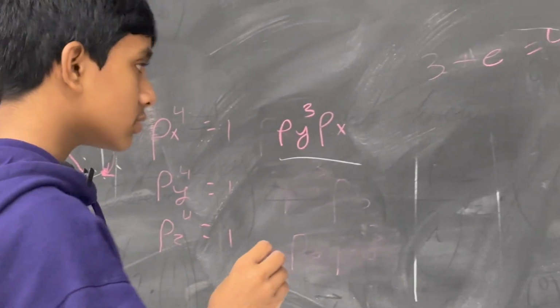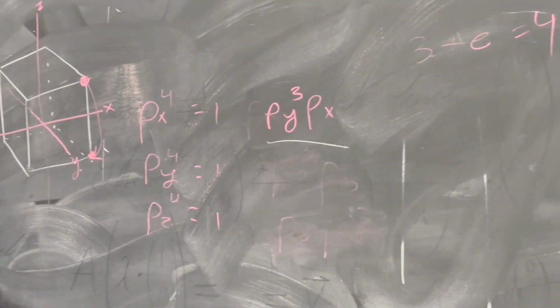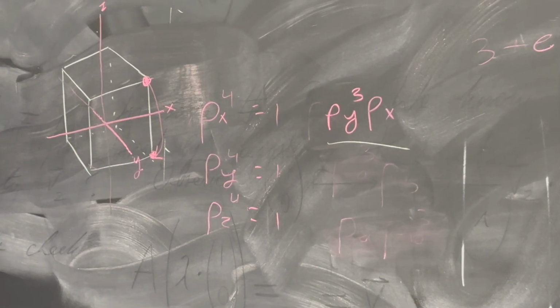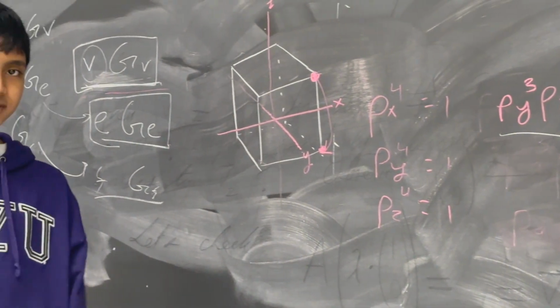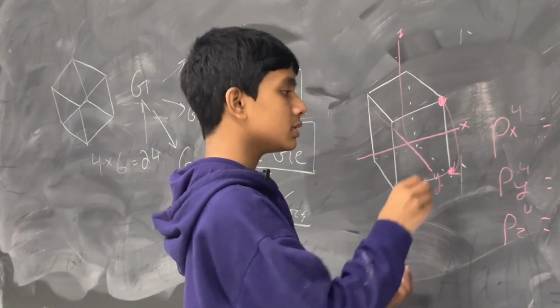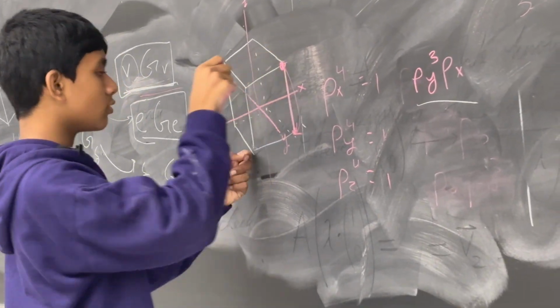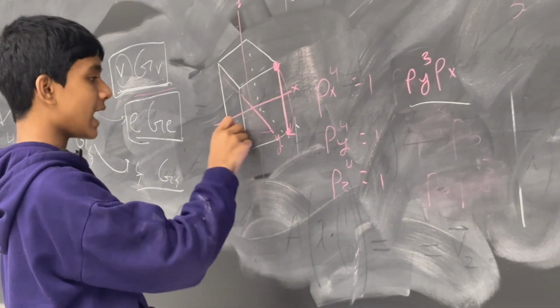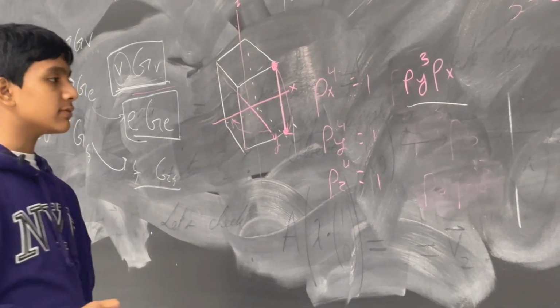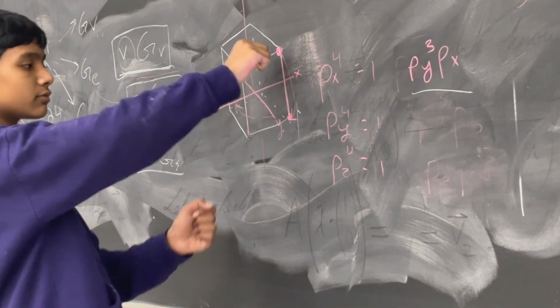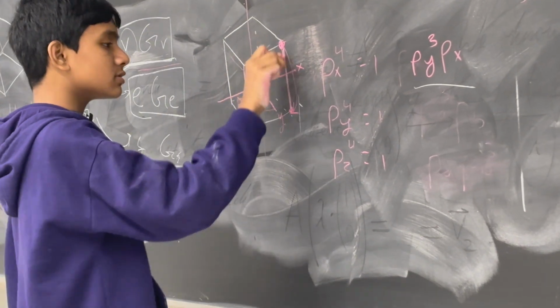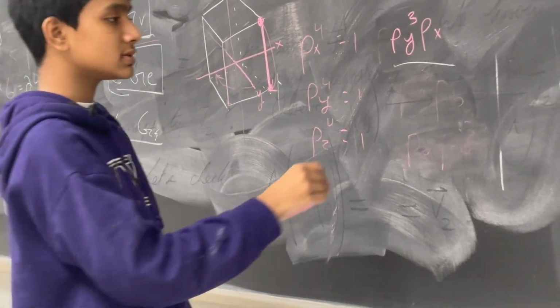So now let's talk about E, the edge preserver. It's basically the same exact thing. For example, let's take this edge right over here. You can rotate it around the z-axis so that it travels here, and then you can rotate it around the y-axis so that it goes back to its original place.